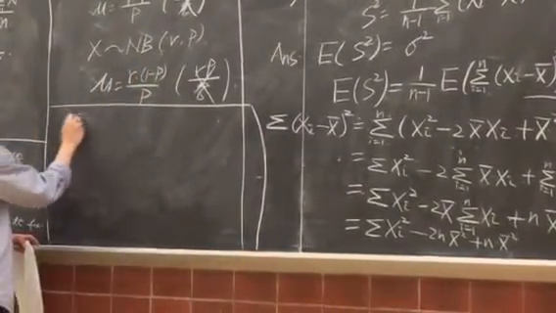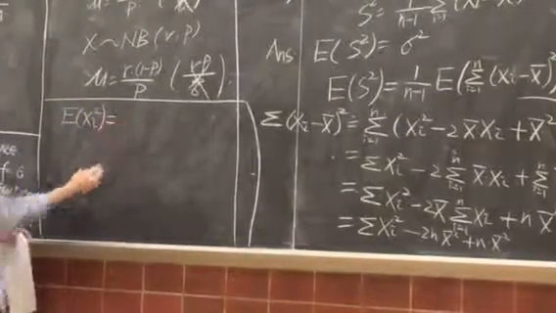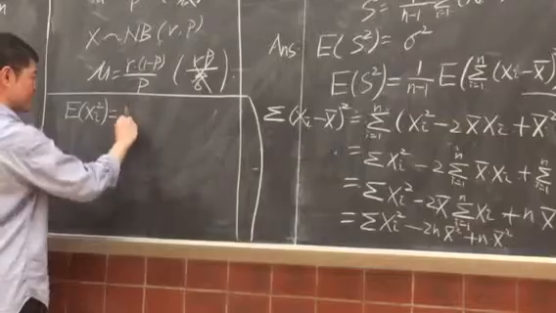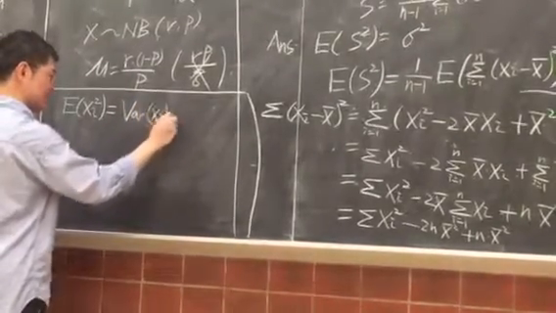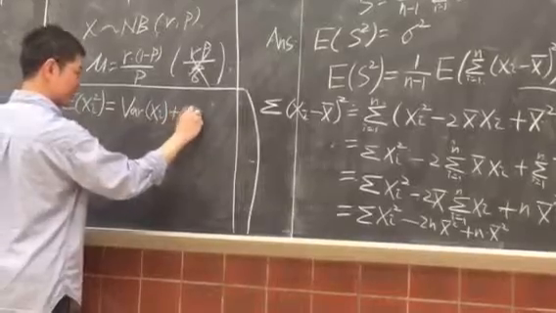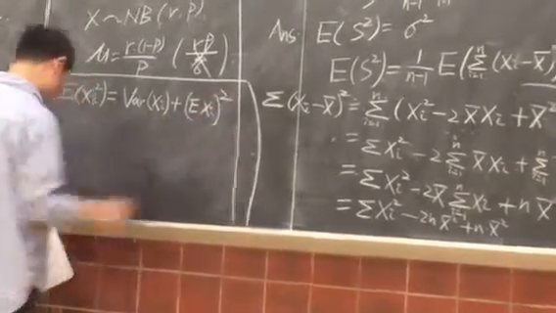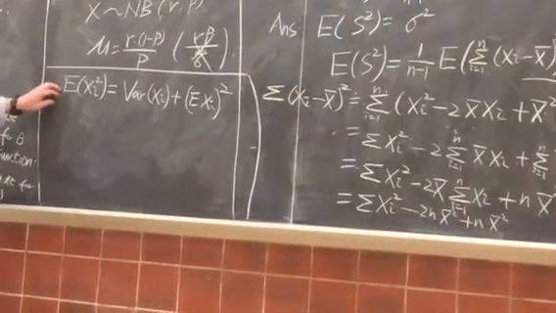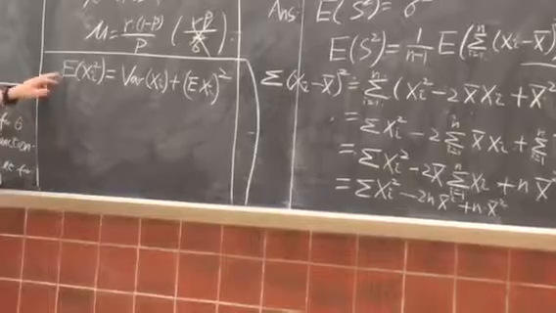So what is E xi squared? It is the variance of xi plus the expectation of xi squared. Okay. We use this formula again. This is used a lot.